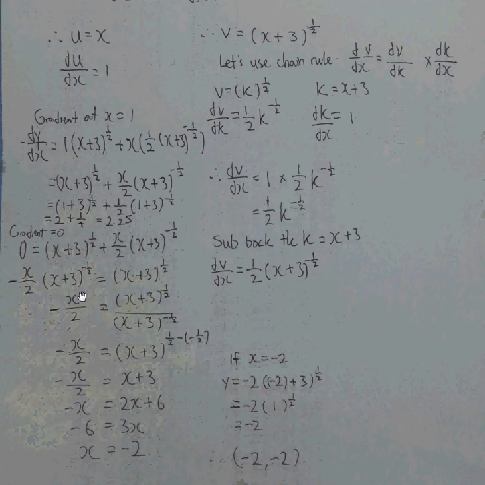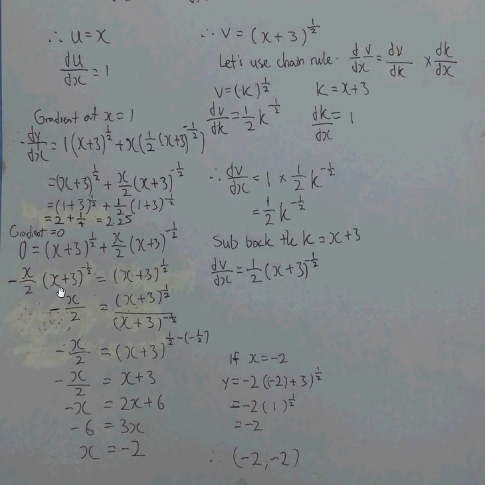Here is a part which is slightly confusing. Why do I say so? Because it involves a bit of the rule of indices. This part, as we see, is the same. So from here we bring this to the left-hand side, and we bring the bracket x plus 3 back to this side.